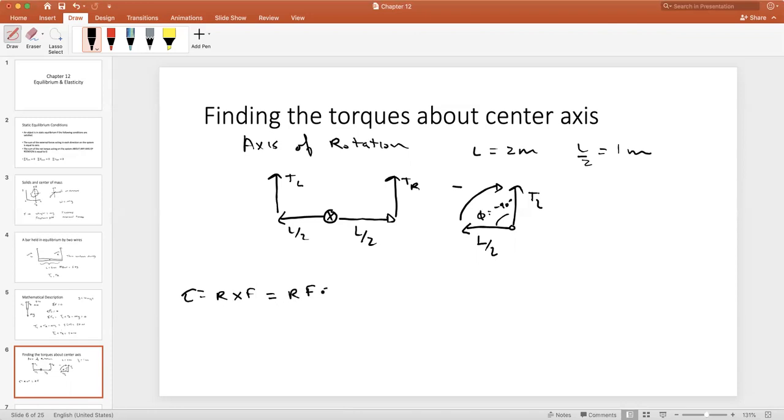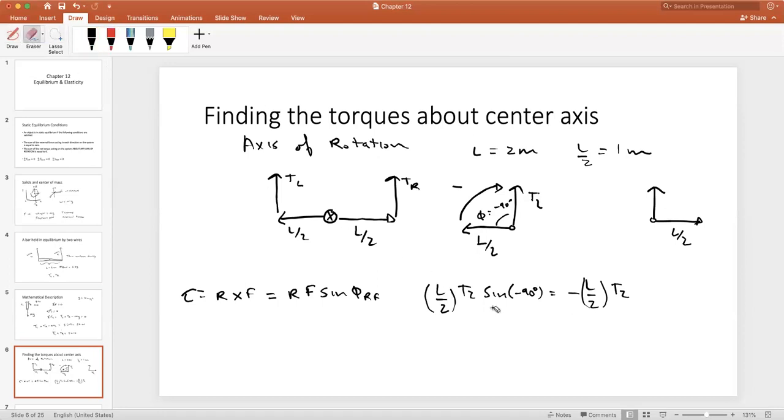That gives us RF sine of the angle between R and F. So for this one, we would have L over 2 times T times sine of negative 90 degrees, which is negative L over 2 times T left.